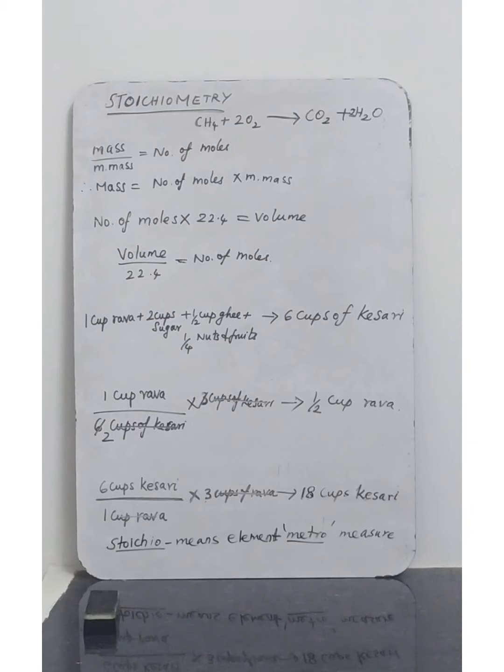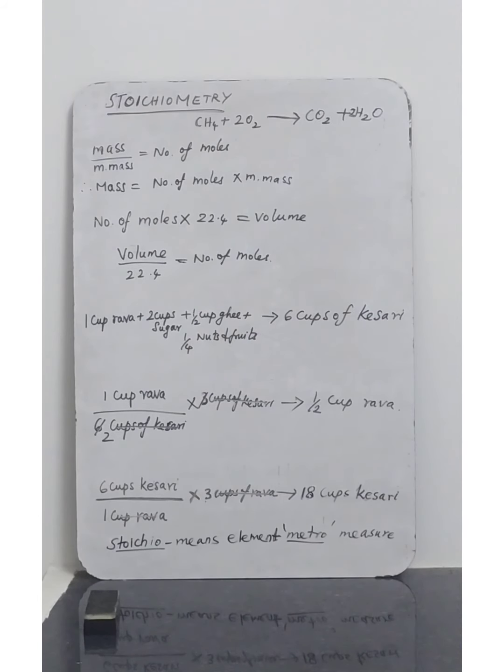Okay, now next we are going to discuss the same stoichiometry calculation only. But in your book, they have given one example of how to prepare kesari. For preparing kesari you need the ingredients: rava, sugar, ghee, and some nuts and fruits.